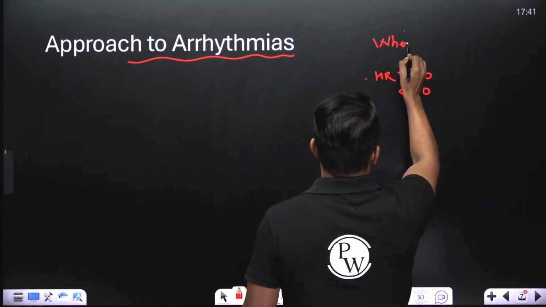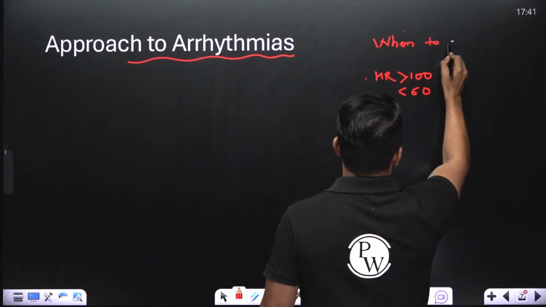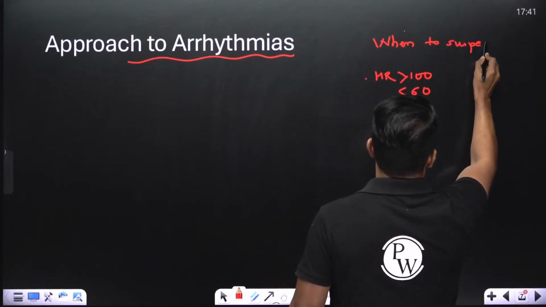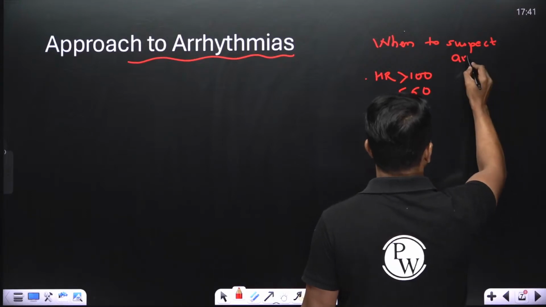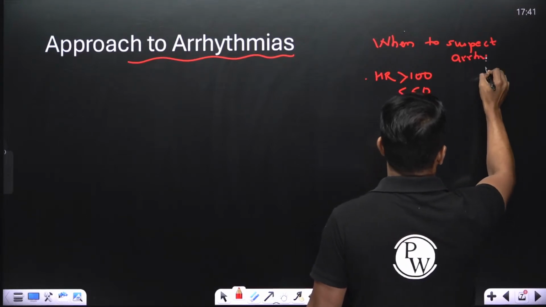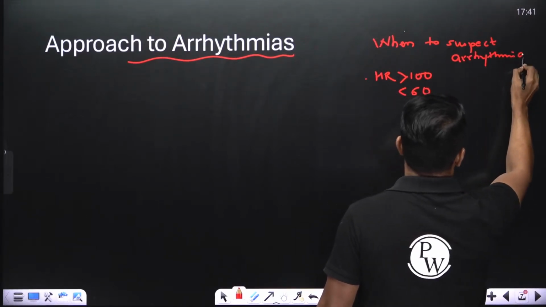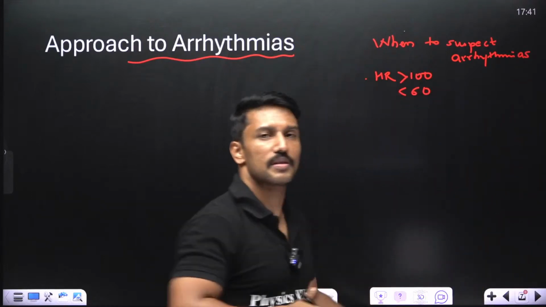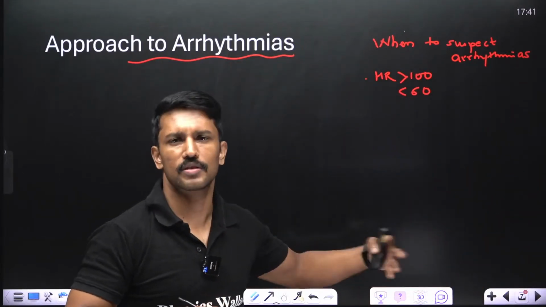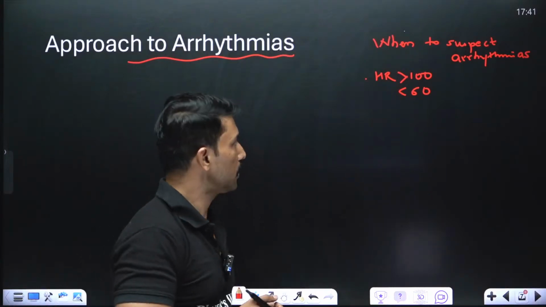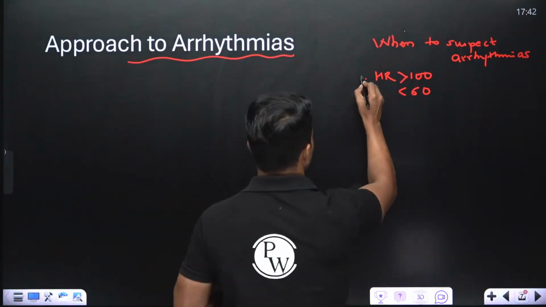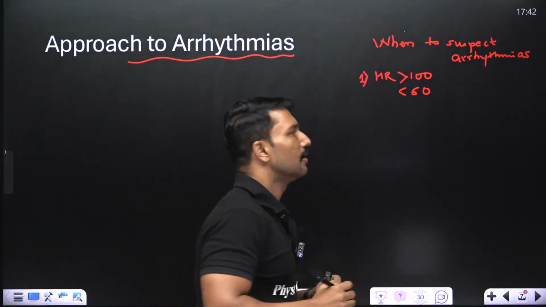Of course, that means it is not normal sinus rhythm. The patient may be in sinus tachycardia, sinus bradycardia, or may be having one of the bradyarrhythmias or tachyarrhythmias we just discussed, like AV blocks, SA node dysfunction, or VT, VF, atrial fibrillation. So this is the first condition where you can suspect the patient may be in arrhythmia.